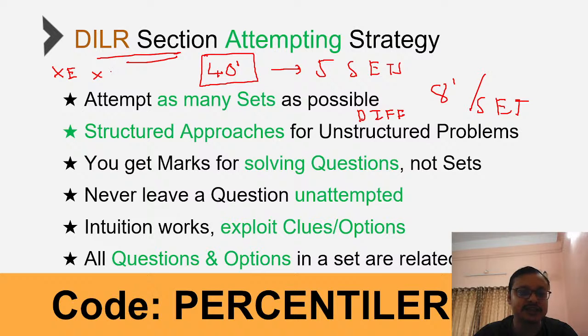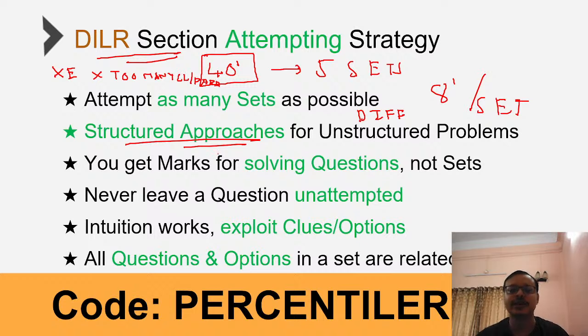Second challenge is there are too many parameters in the set, too many clues in the set, which make it very difficult to understand how do you go about a structured approach, how do you understand which clues to use in which sequence. And that is where what is important is not focusing on the set, but rather focusing on marking answers without solving the set.